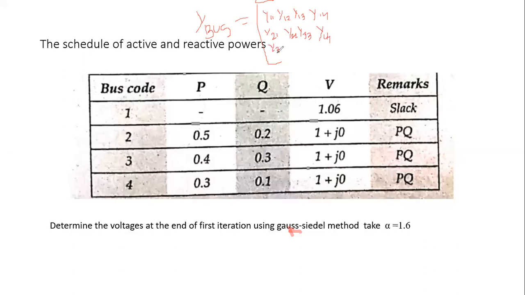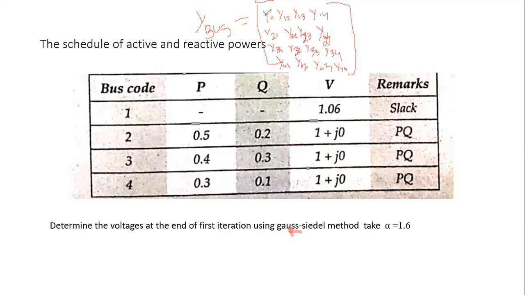Next, Y31, Y32, Y33, Y34. Next, Y41, Y42, Y43, Y44. Okay, this is the Y-bus matrix.